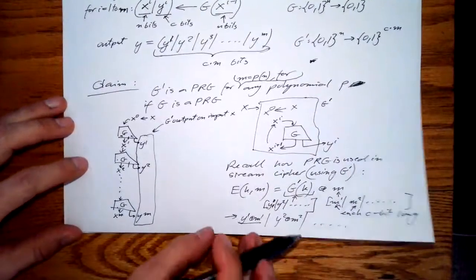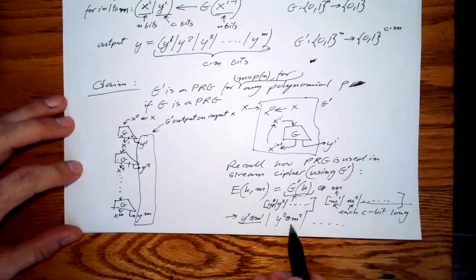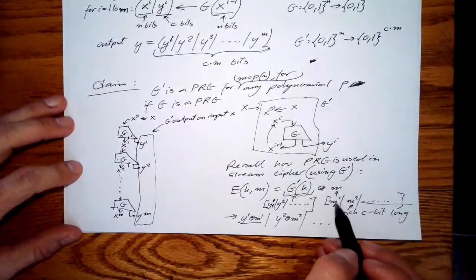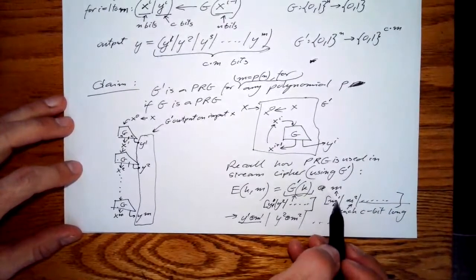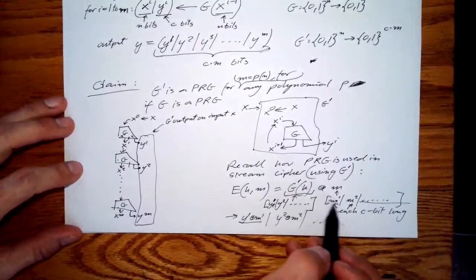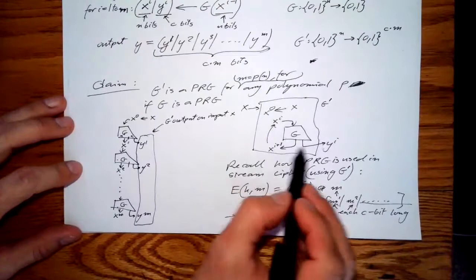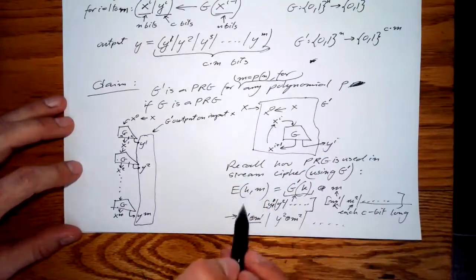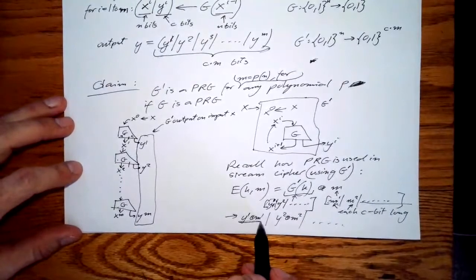So here is the benefit. I don't even need to know what's coming. I only need to know the current disk drive segment that I'm encrypting. If this drive has C bits, this construction just has to spit out the first C bits for me to be able to encrypt it.